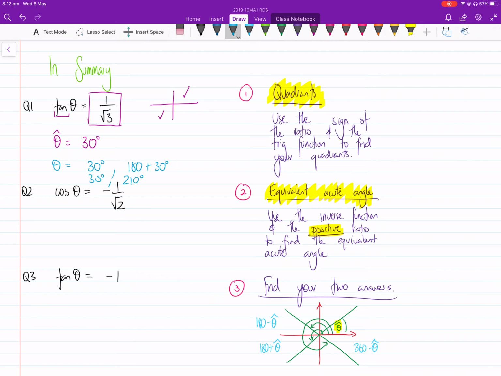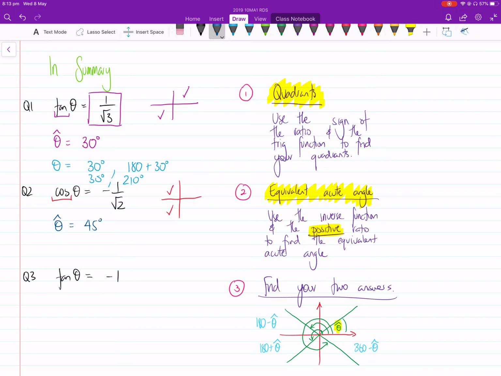Here we've got cos theta equals negative 1 over 2. So again, up into my quadrants. This time I've got a negative ratio, but it's cos. Cos is negative in the second and third quadrants. So I use my knowledge of exact values to say that the equivalent acute angle is equal to 45 degrees.